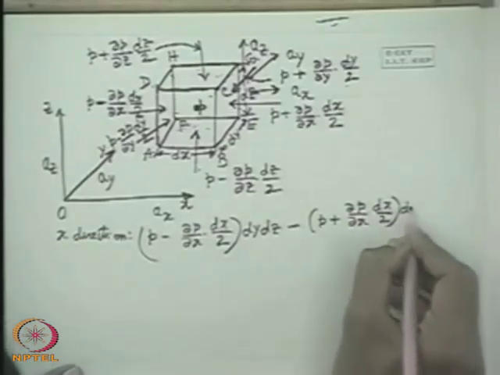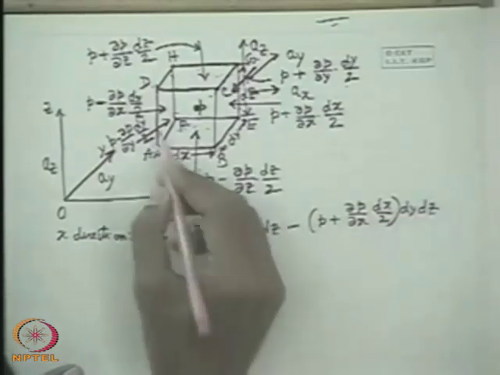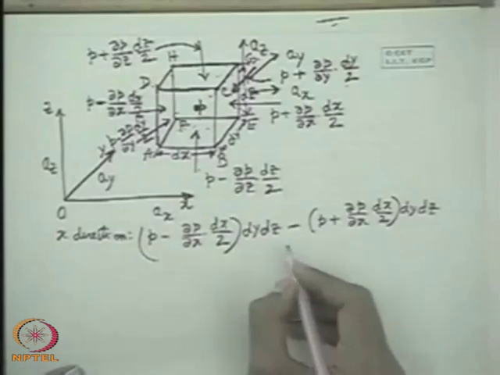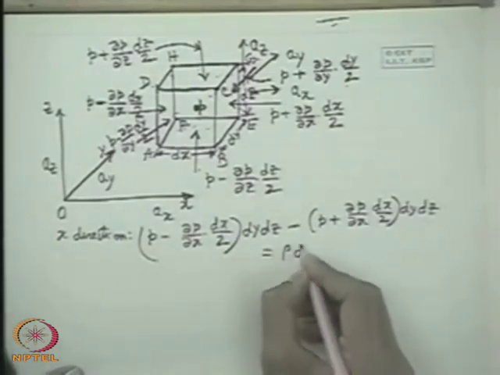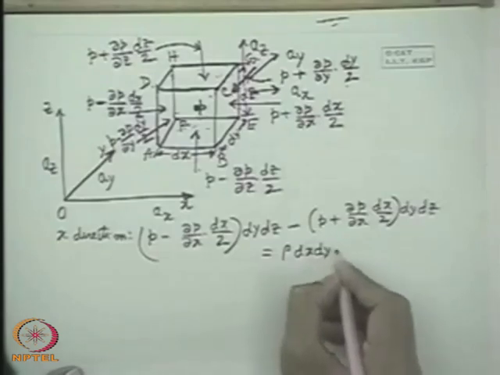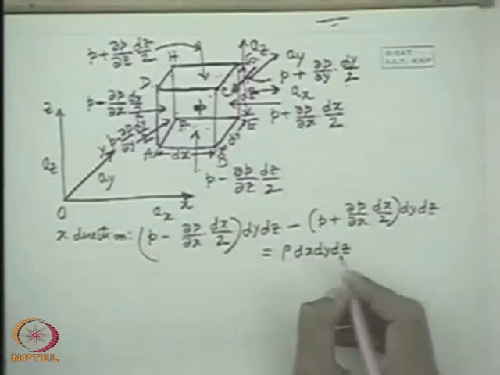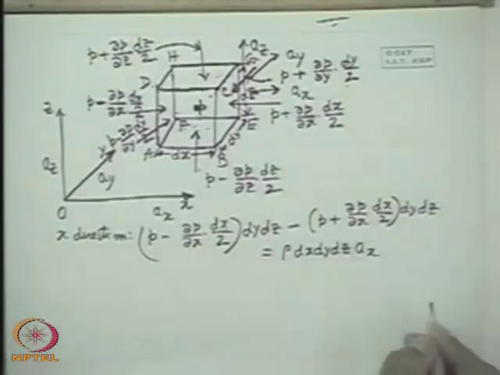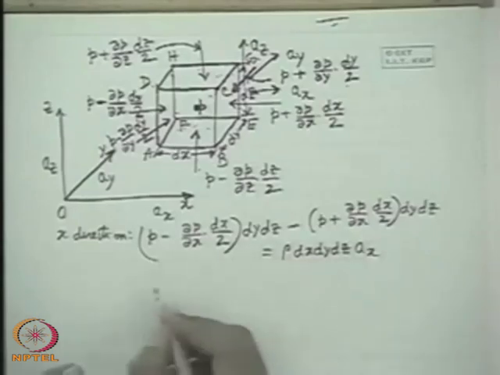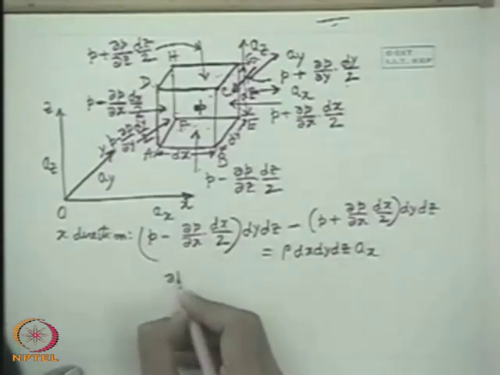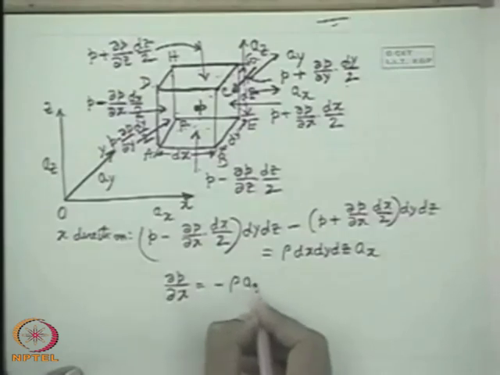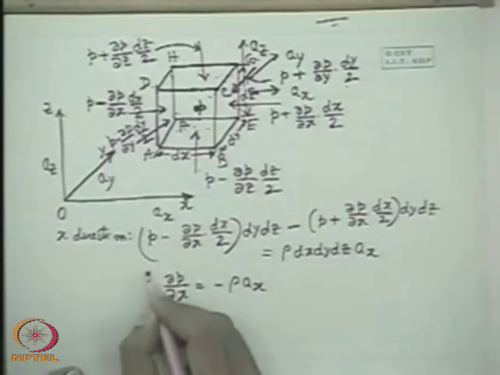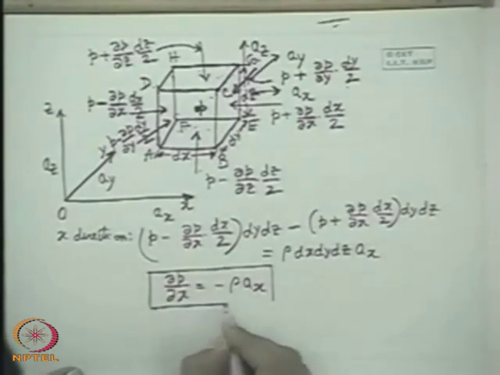The area is the same because it is a parallelepiped, and that must equal rho into dx dy dz times ax. So therefore we see from this equation del P del x is equal to minus rho ax. So this is one very important equation.